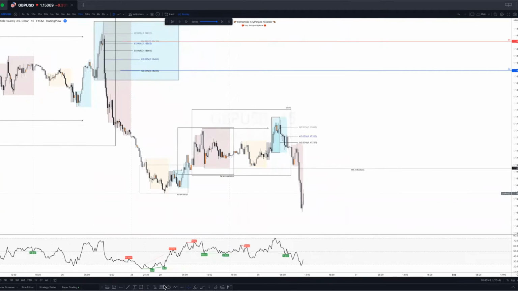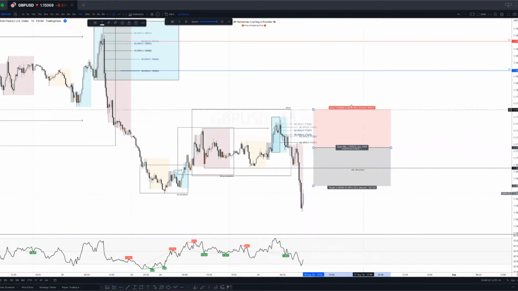It's my structure block. I probably should change it to a different color because it could interfere with the London. But London manipulated. See if we have some confluence. And do we? The 50% and the 60 kind of line up. So I will.